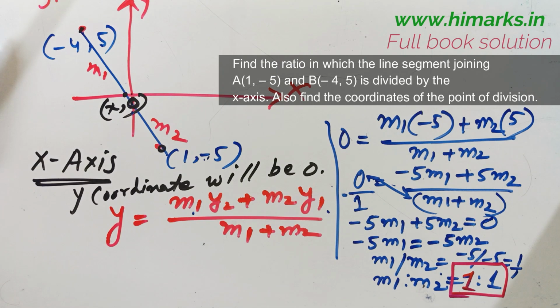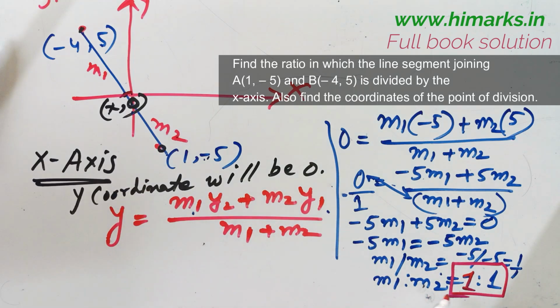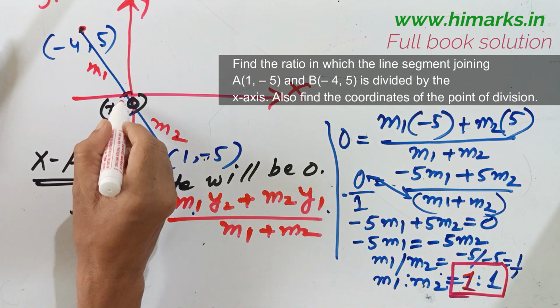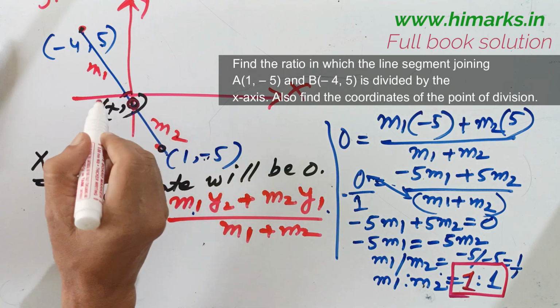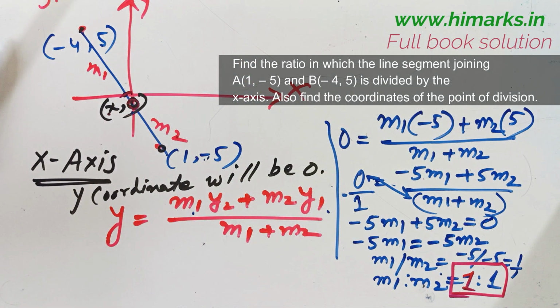Okay, and it has also a second part: find the coordinates of the point of division. Now m1 and m2 are found, 1:1. Now we have to find the point. Here 0 is already known, because it is on the x-axis, so you only have to find the x value. For the x value, take the x formula.